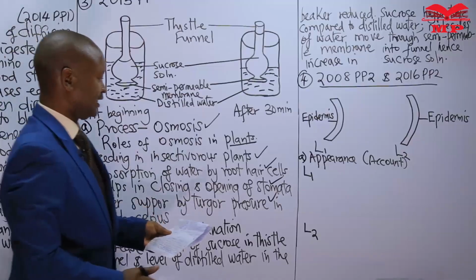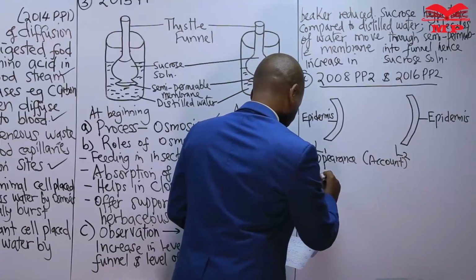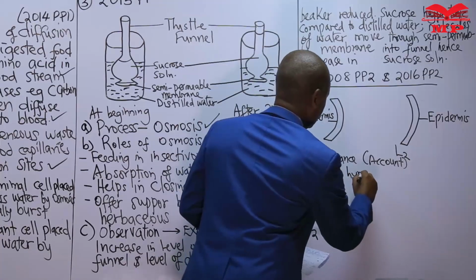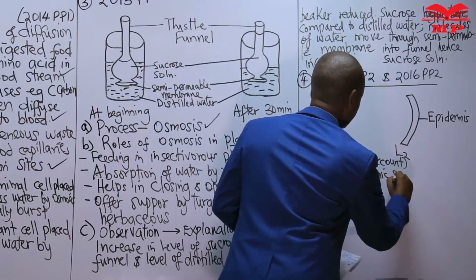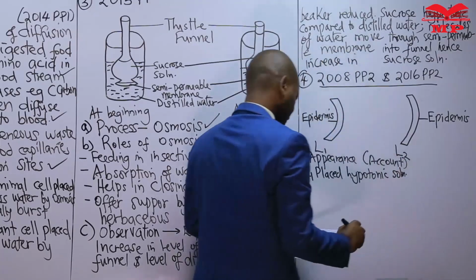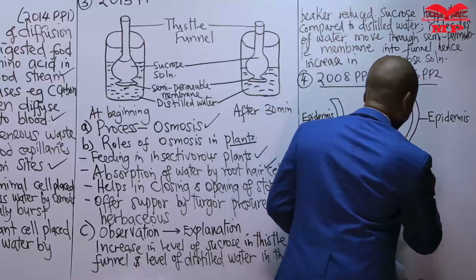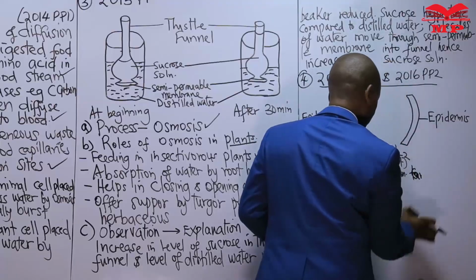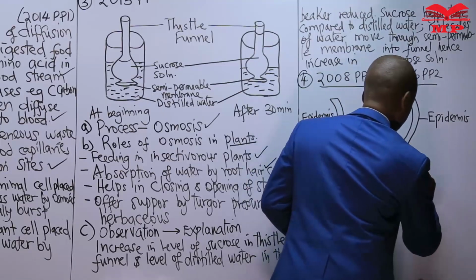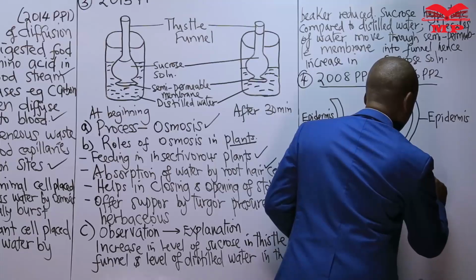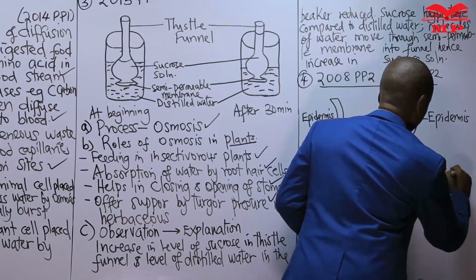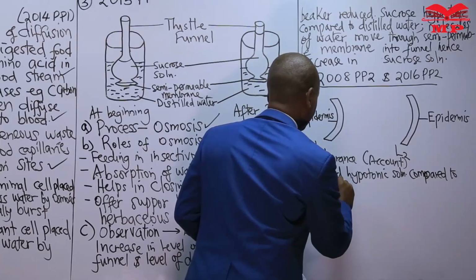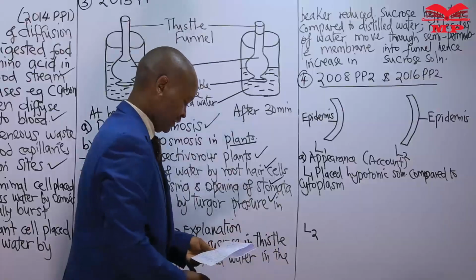So for the first case, L1 was placed in a hypotonic solution, and when you compare, this is compared to the cytoplasm. Remember, this is a stem, so it has cells, and a cell will always have a cytoplasm.